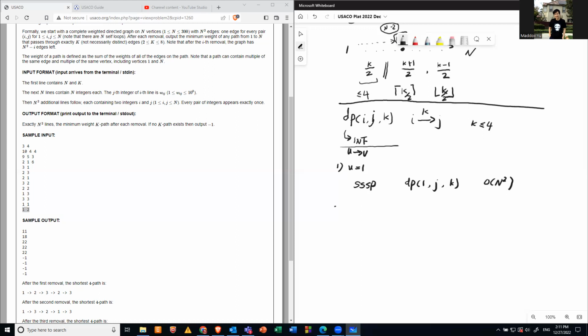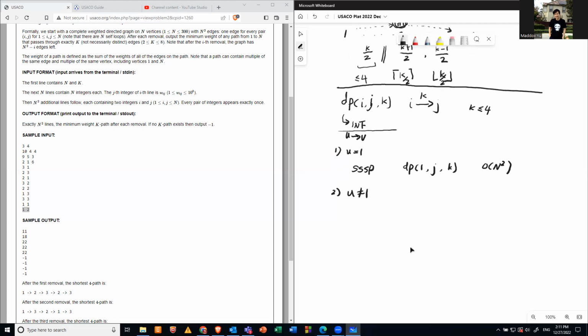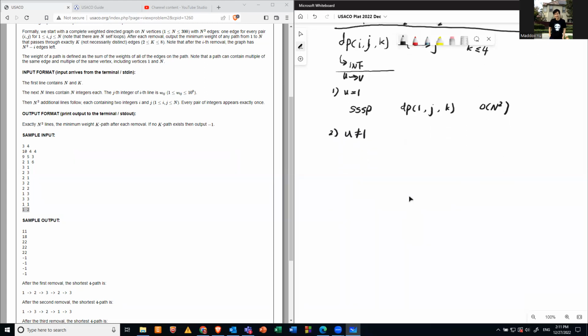If u is 1. Let's say u is not equal to 1, how do I do that? Let's look at the different cases. If k equals 1, it means I have to find one path, so basically I need to find from 1 to any point j with one edge.